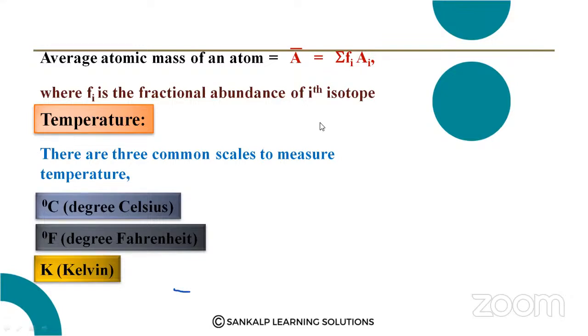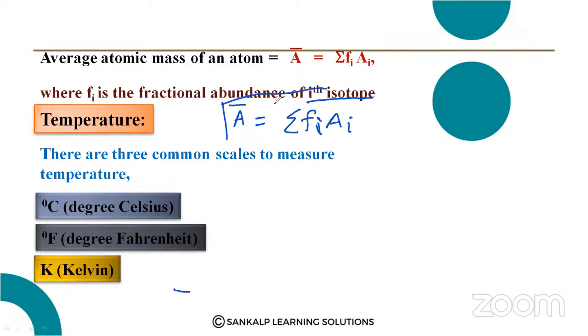It is given as A dash equals summation of Fi into Ai, where Fi is the fractional abundance of the i-th isotope. Whenever average atomic mass is asked, you have to use this formula.